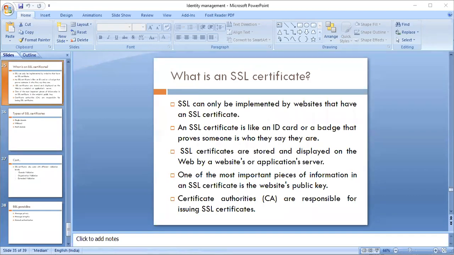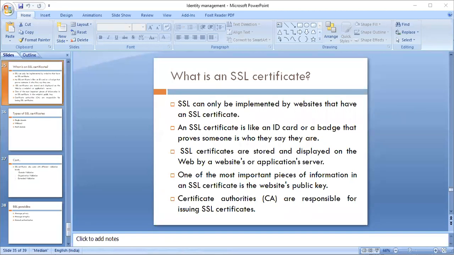An SSL certificate is like an ID card or a badge that proves someone is who they say they are. It is kind of identity proof for the servers or the users.